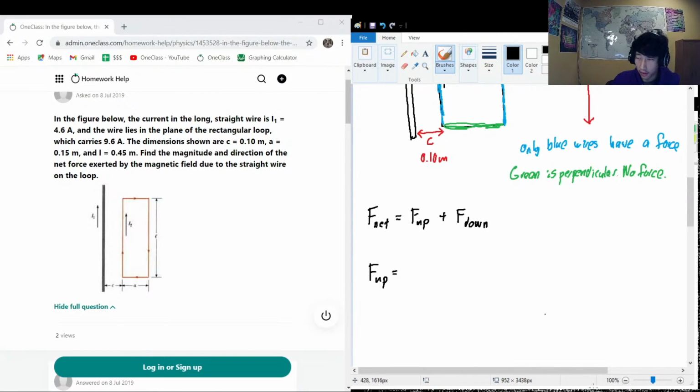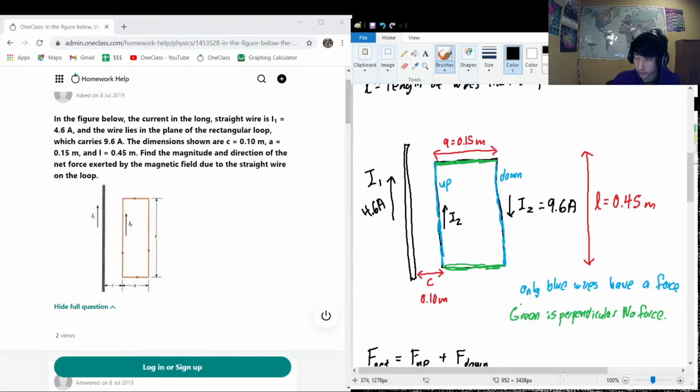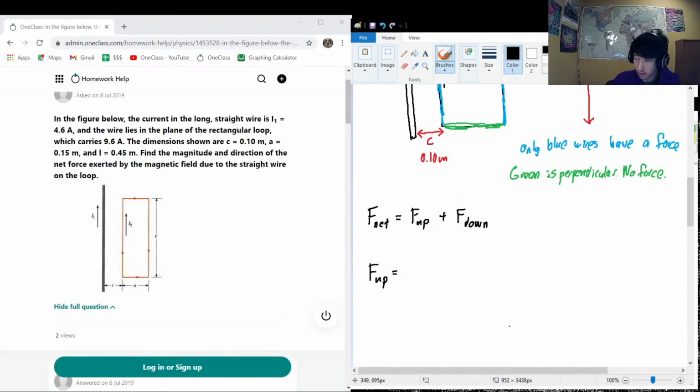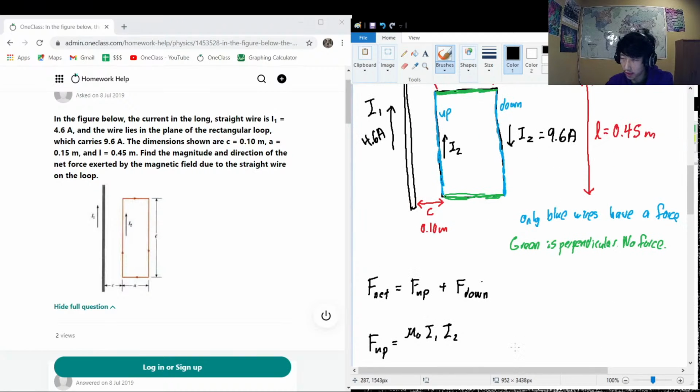We have our equation up here: mu naught times I1 times I2. We can leave them both as positive because they're going in the same direction. If they're going different directions, we'll put one as negative and one as positive.